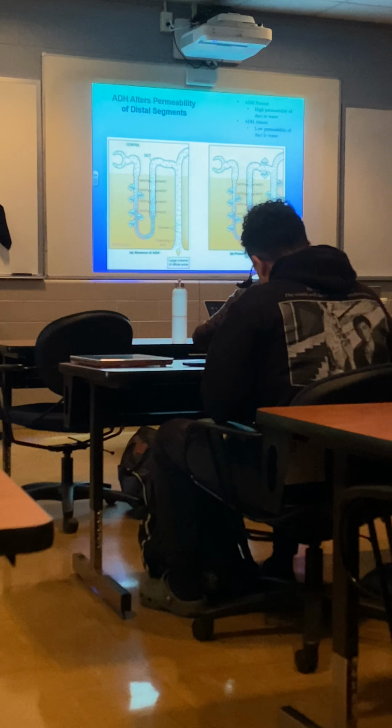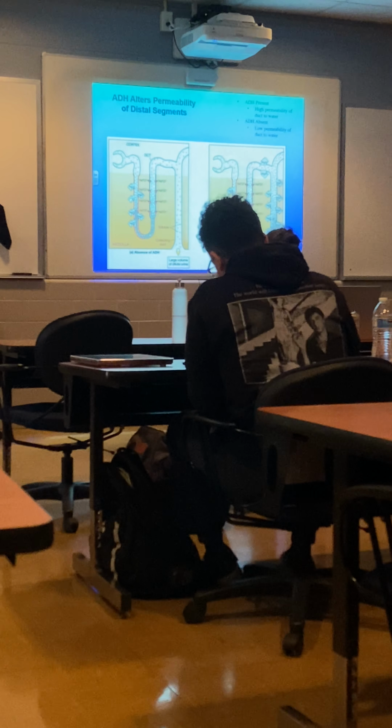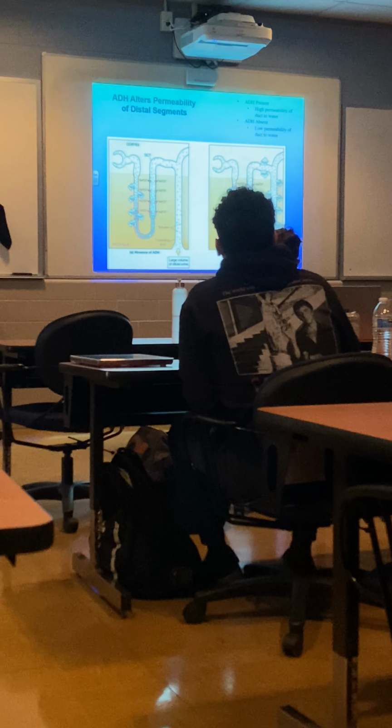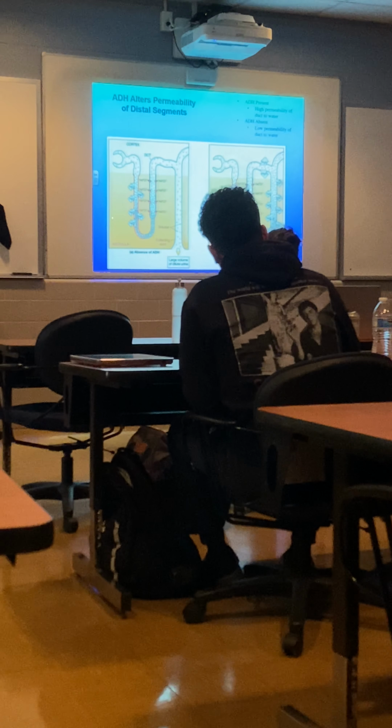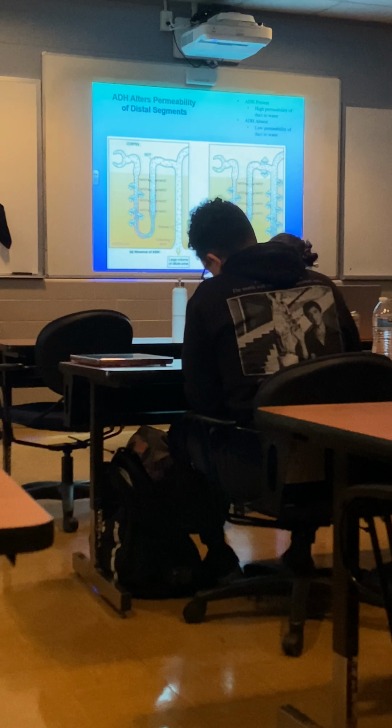Here's a representation of the glomerulus up here in the cortex. We're going to produce this ultrafiltrate. It's going to empty into the proximal convoluted tubule, then run through this loop of Henle. As the ultrafiltrate runs through the loop of Henle, a lot of this water, this fluid in the ultrafiltrate, is going to be resorbed. That's because the medulla here is hypertonic.